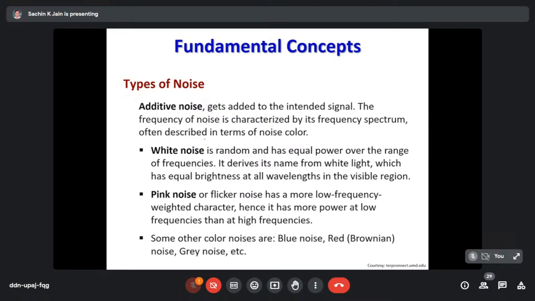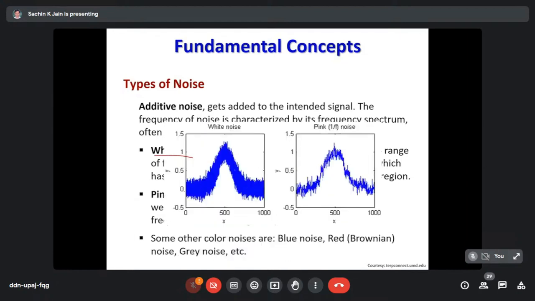You should refer to any good signal processing textbooks if you are modeling any system for your signal processing design. So additive noise means, for example, white noise. White noise means its power throughout its frequency range is uniform.